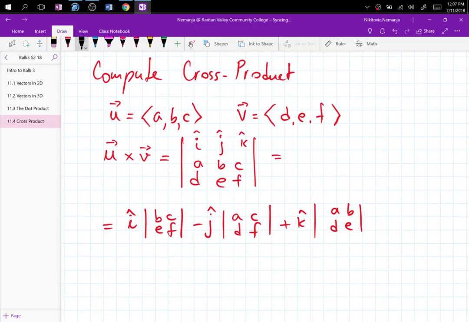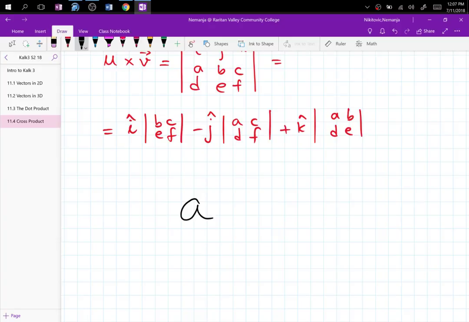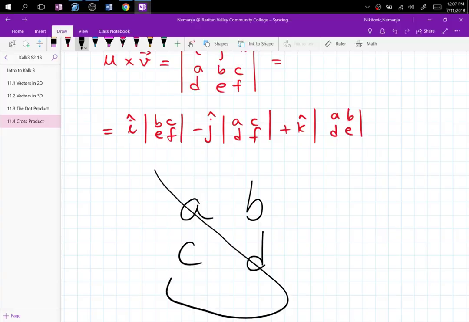The way these are computed is you multiply diagonals and you subtract. I like to put this symbol. Let me just draw this larger. A, B, C, D. Look, if I draw this symbol through, you follow the motion.